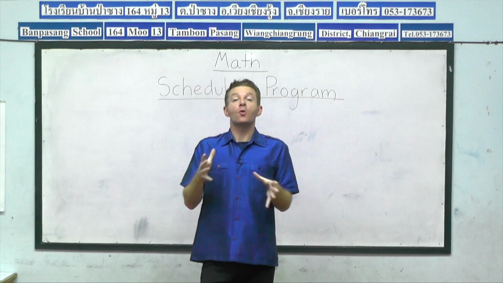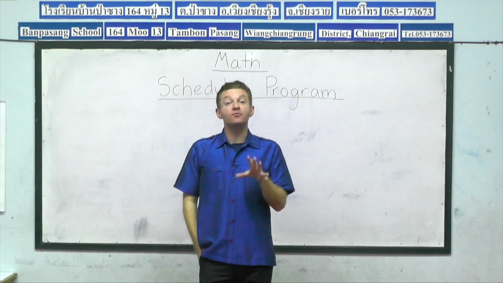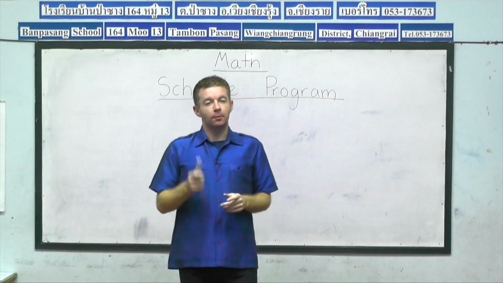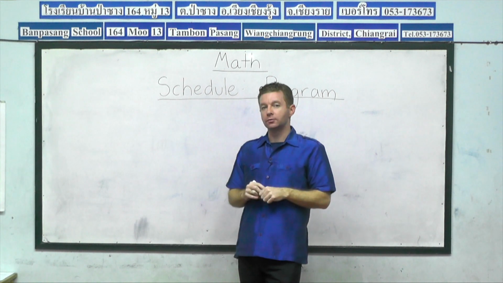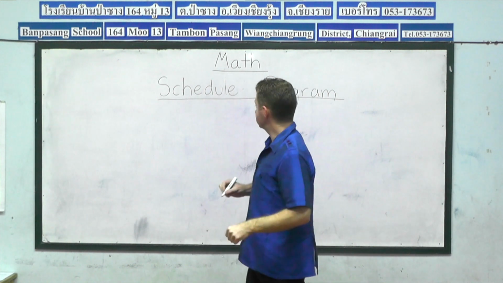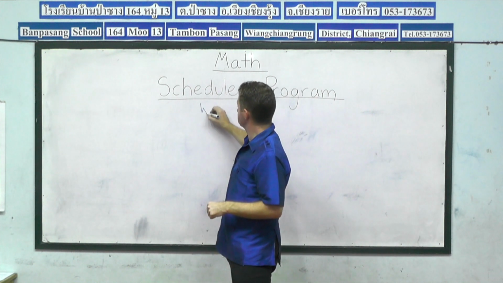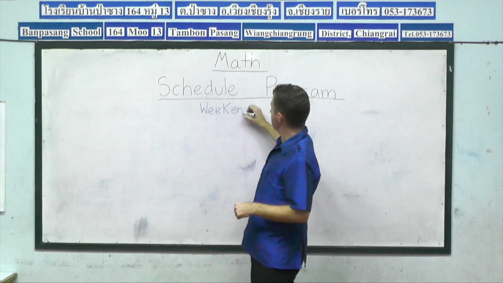So now we're going to have our students demonstrate with a worksheet activity how to do a weekend program. But before then, I'm going to demonstrate a quick weekend program of my own. So first of all, we need our title. And the title is Weekend, W-E-E-K-E-N-D.